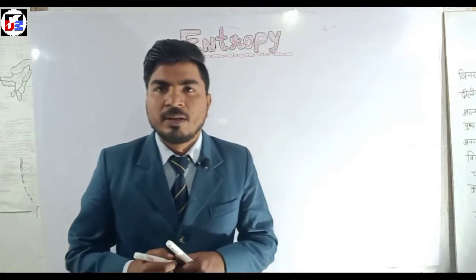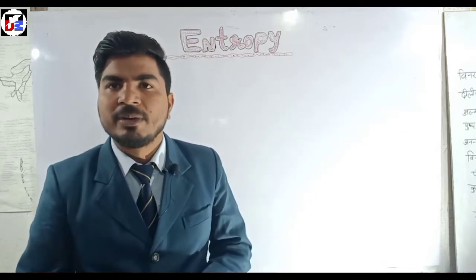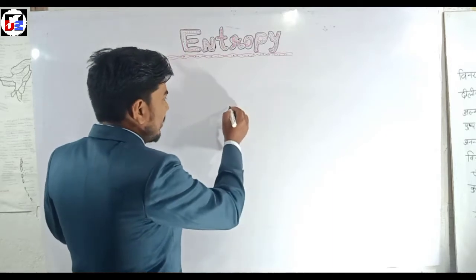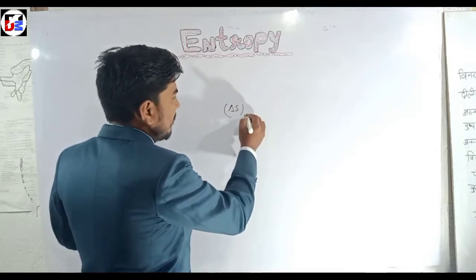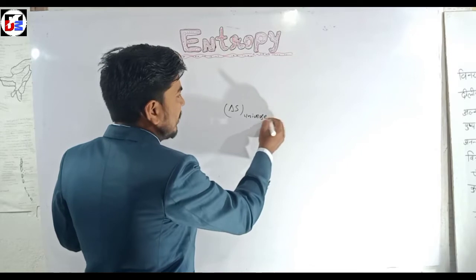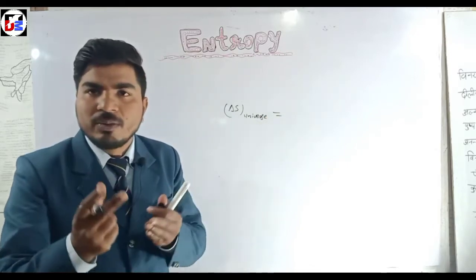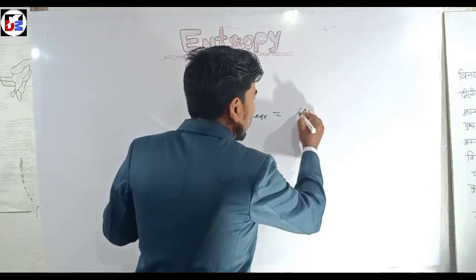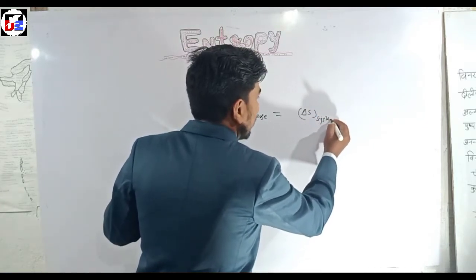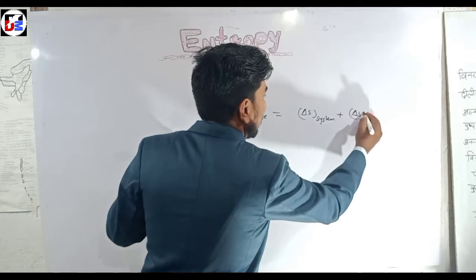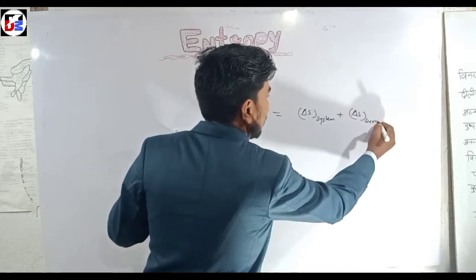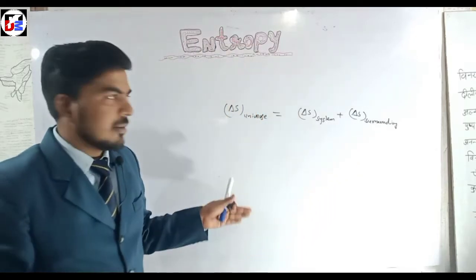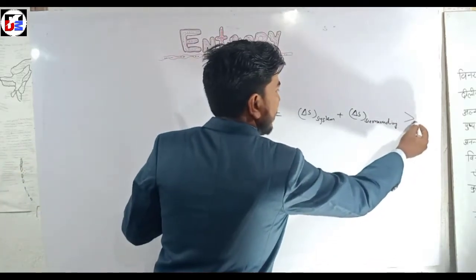If I say that the entropy of the universe is increasing, it means delta S universe, and the universe comprises two things, the system and the surrounding. So delta S system plus delta S surrounding, and the entropy principle says that this is greater than or equal to 0.